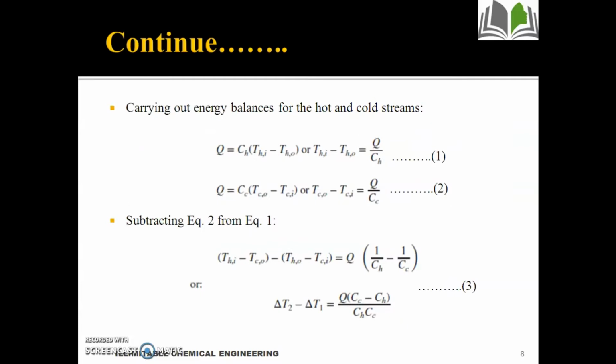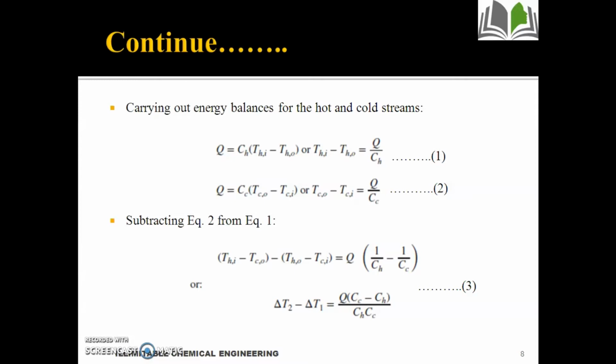Carrying out the energy balance of the hot and cold streams, from the formula Q equals Cp delta T, we get for the hot stream Q equals Ch times (Thi minus Tho), where Ch is the heat capacity flow rate and Q is the heat. Similarly, for equation number 2, the cold stream, Q equals Cc times (Tco minus Tci).